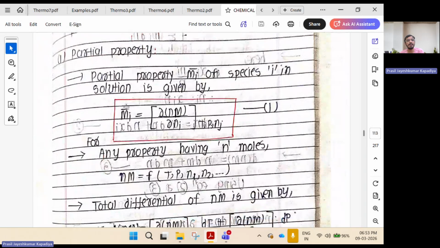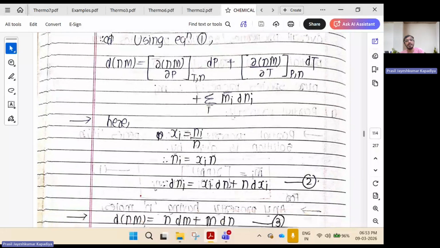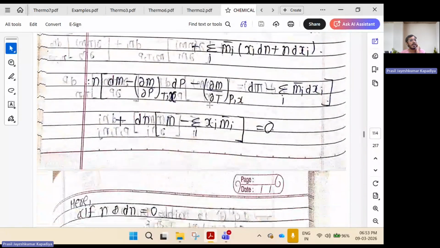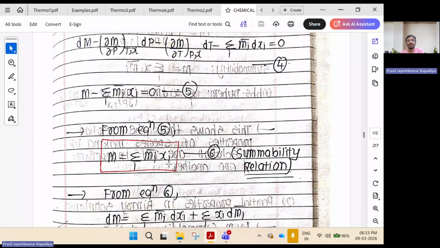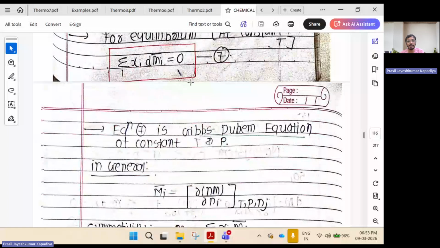First, we define any partial molar property, and all partial molar properties are defined at constant temperature, pressure, and number of moles of other components. That is how we define a partial molar property, and from there we derived the summability rule, that M is equal to summation xi Mi bar, and from that we derived the Gibbs equation at constant temperature and pressure.